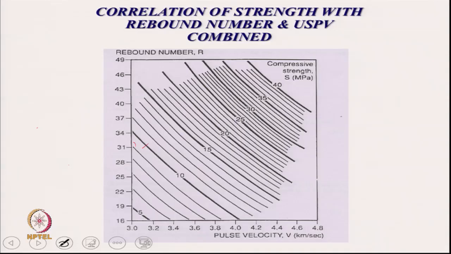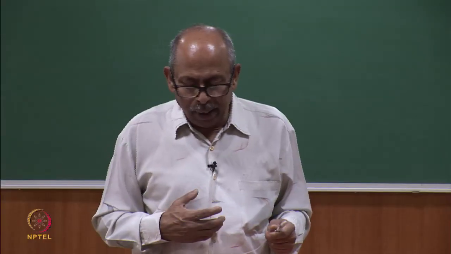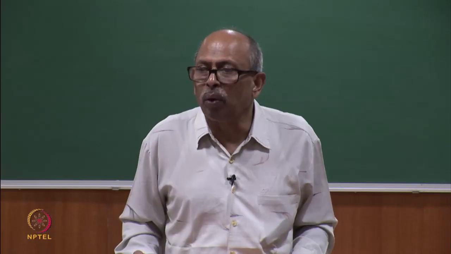For example, this side is pulse velocity, this side is rebound number, and these are the strength contour lines. So, this is 40 MPa, this is 15 MPa and so on. So, you can have two-variable regression lines generated and then use them in quality control.